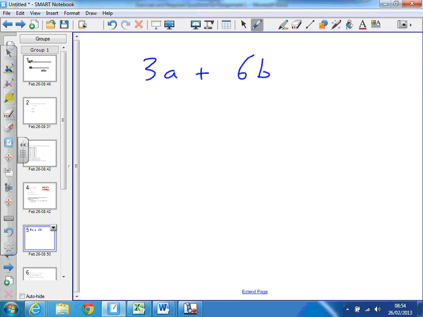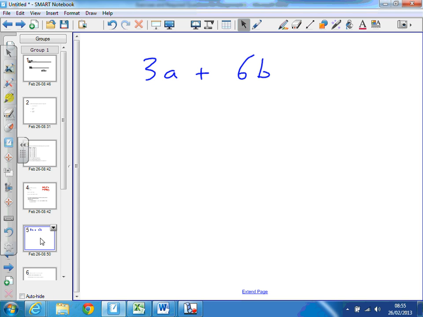I might be able to simplify that, expand it, or factorise it. Those are the 3 things we're thinking about. I can't simplify that because a and b are not the same, so I can't add them together. But I can factorise it. And factorise means I can look for something that's common to both of those terms.